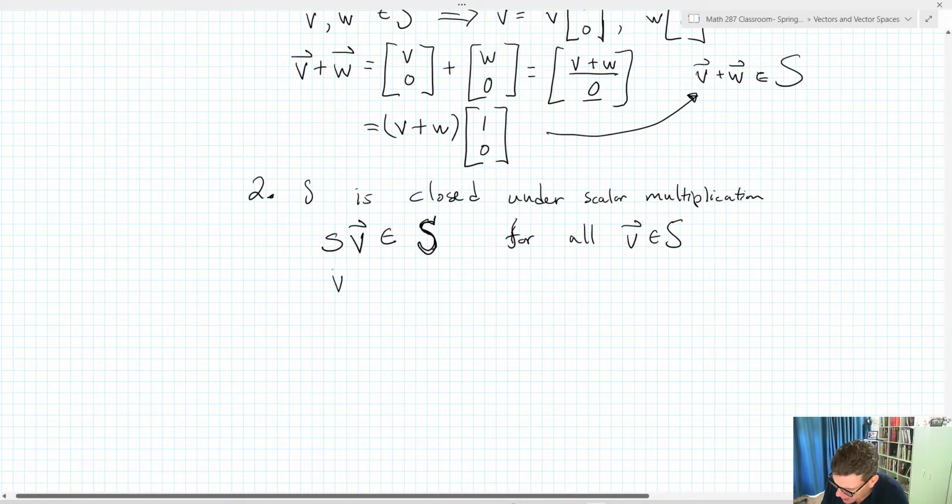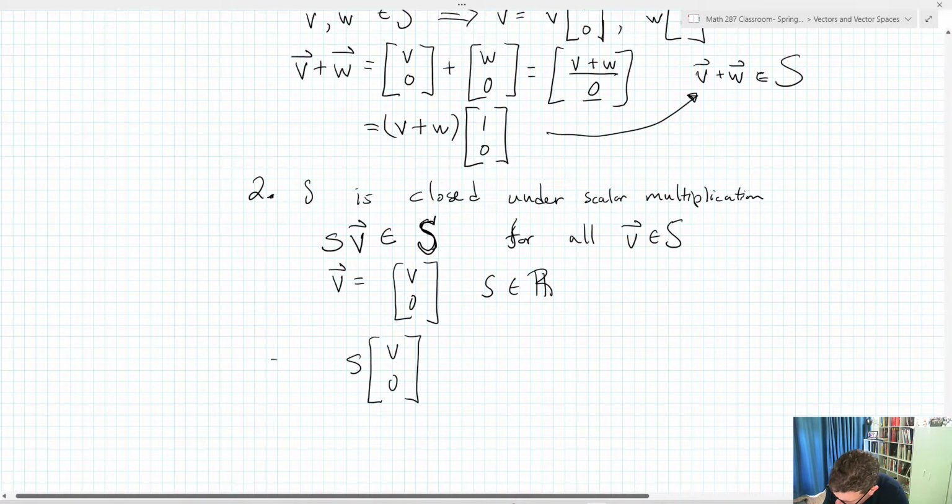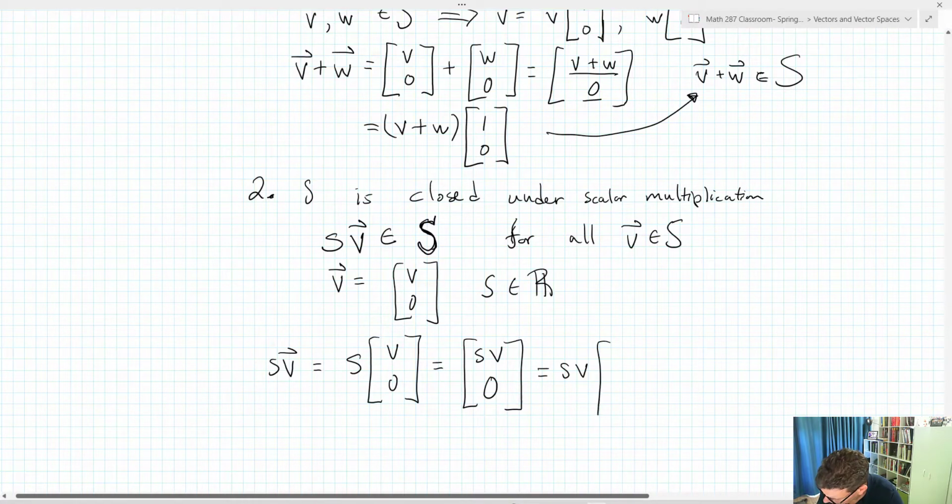So we'll let V equal V0, and S is going to belong to the reals, so any scalar. What we get now is S times V0, so that's SV, which is going to equal SV0. And actually, trivially, this ends up being SV times 1, 0.